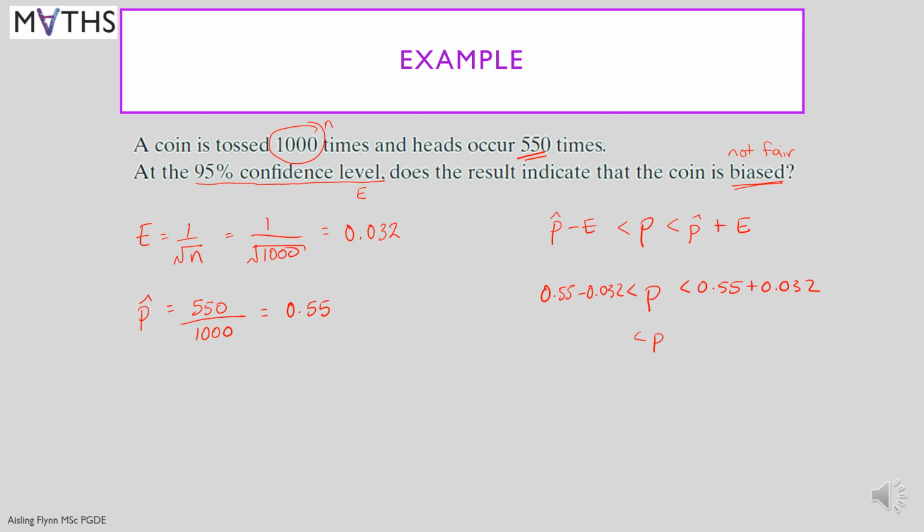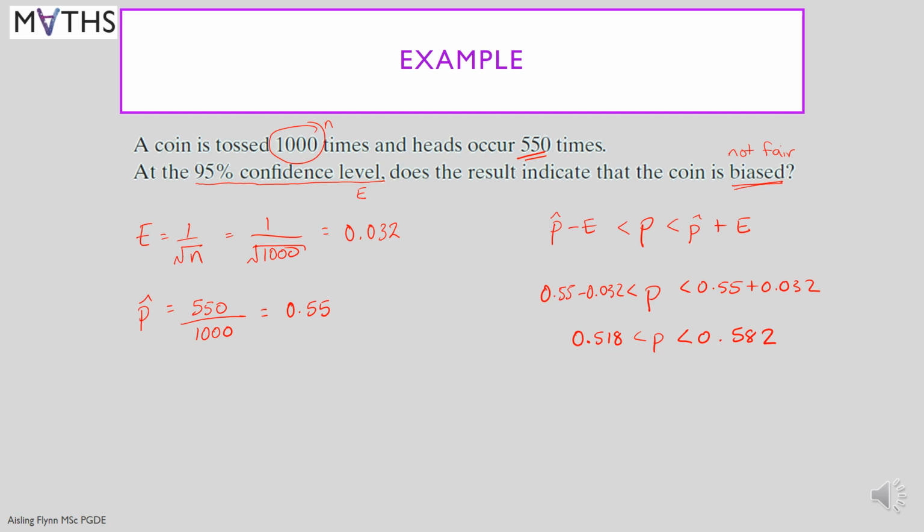So let's do the subtraction, and we get 0.518 and 0.582. So what's that saying? It's saying that the true value for the coin in question, if you were to toss it any number of times, lies between 0.518 and 0.582, so more than 50% in both cases.